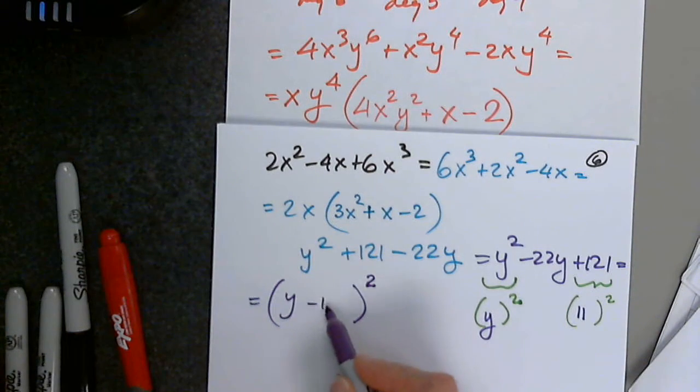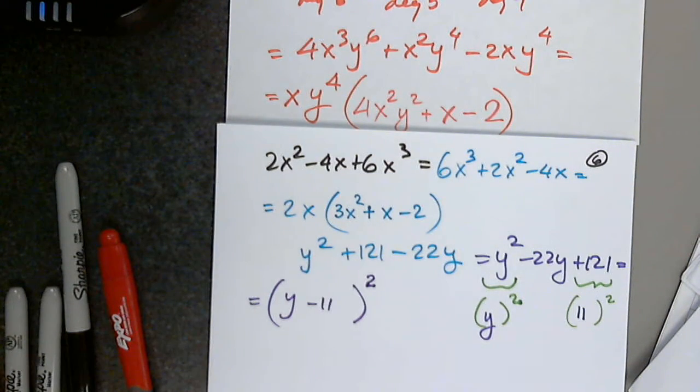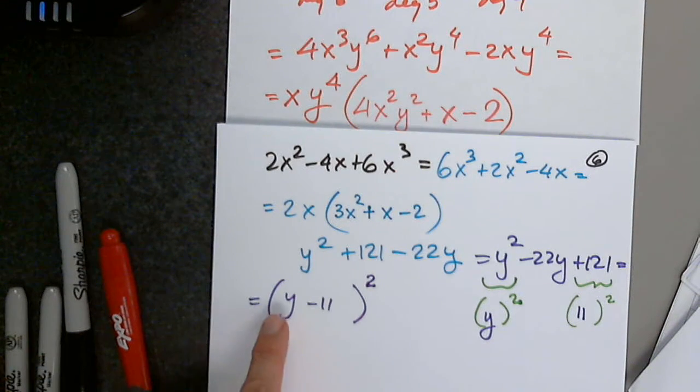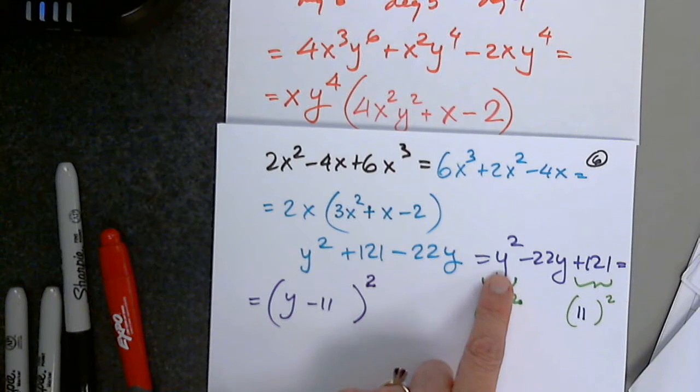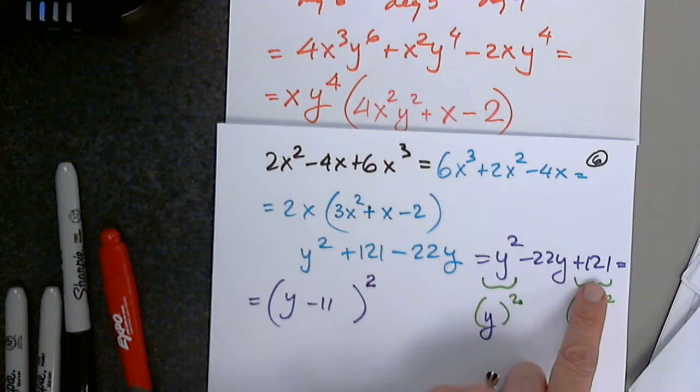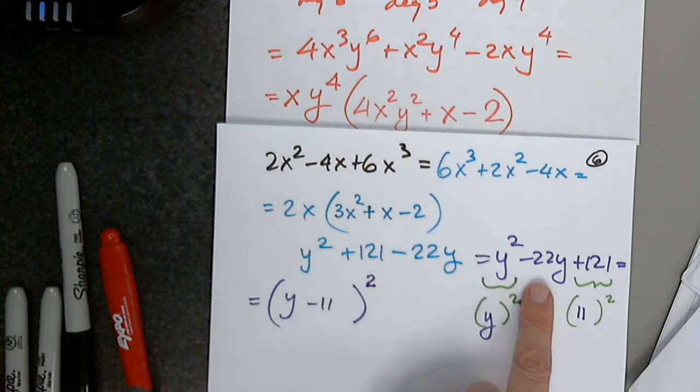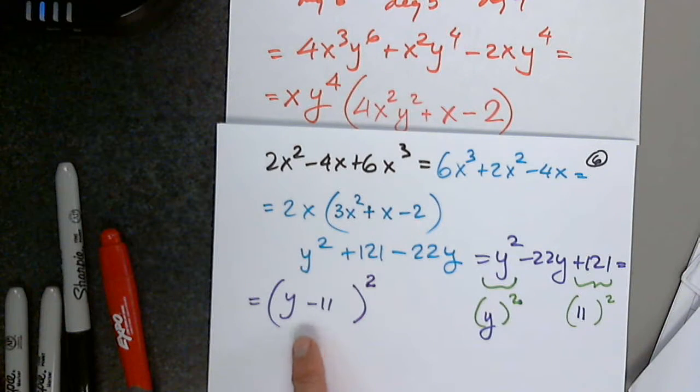right. Because we know from day 1 that a binomial squared has how many terms? Exactly. Now, I check the first term, right? When I square this, I get y squared. When I square this, I get 121. But I did not check the middle term. What should the middle term be here?